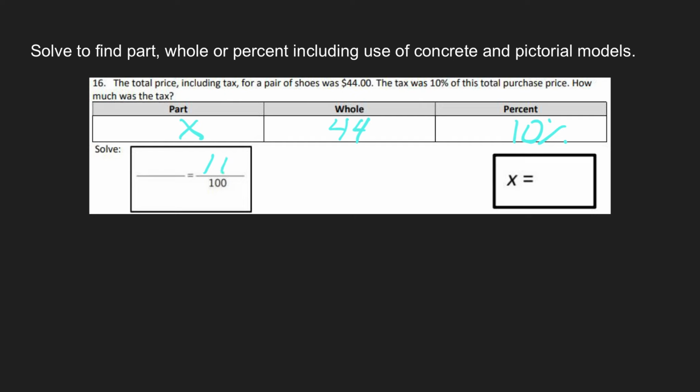So we know our 10%, we know our whole, and we're looking for our part. Again, I would set it up just a little differently. I don't know why I prefer to put it this way. And then my X would go on top.